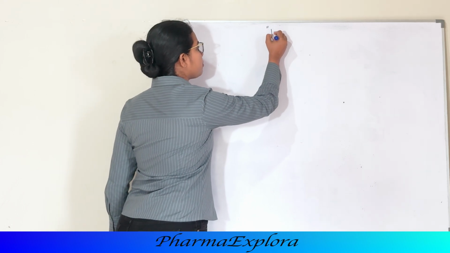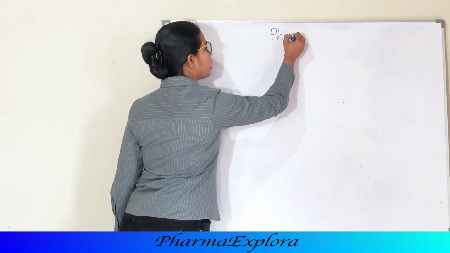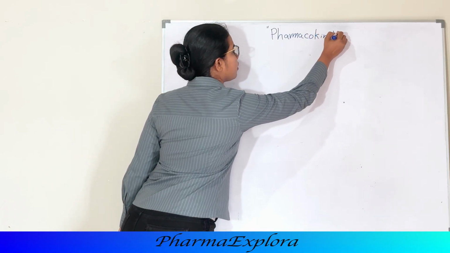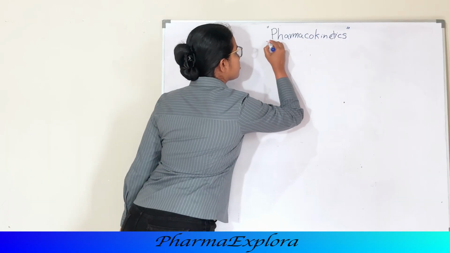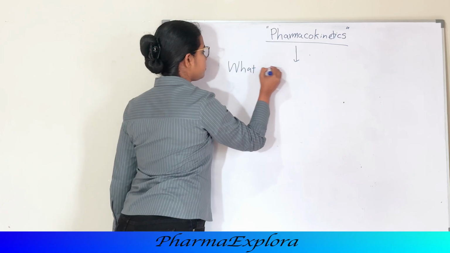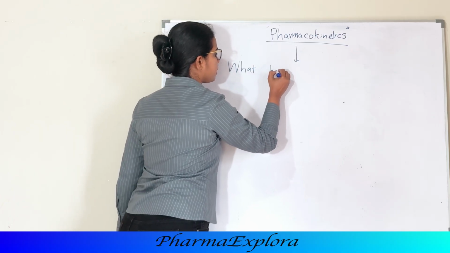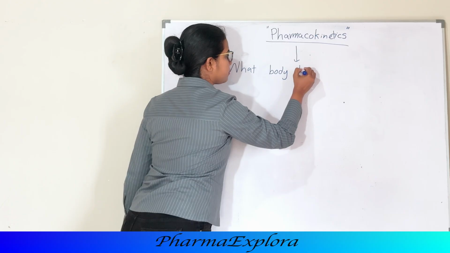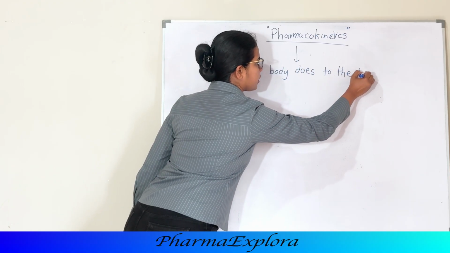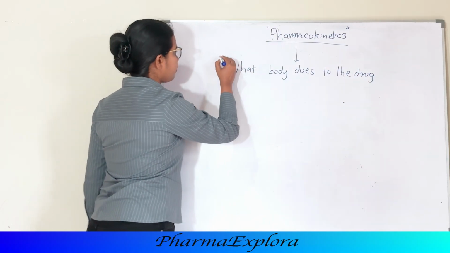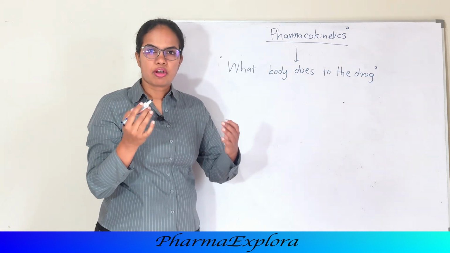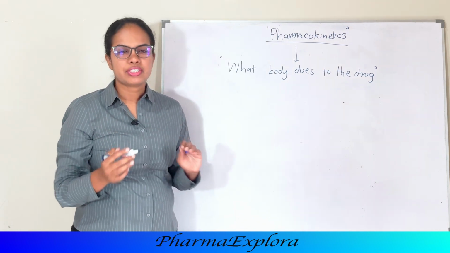So hope you remember we define pharmacokinetics as what our body does to the drug. In a formal way, we define pharmacokinetics as the effect of biological systems on drug molecules.